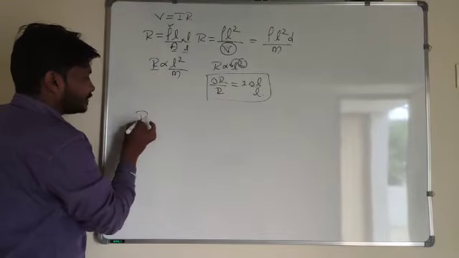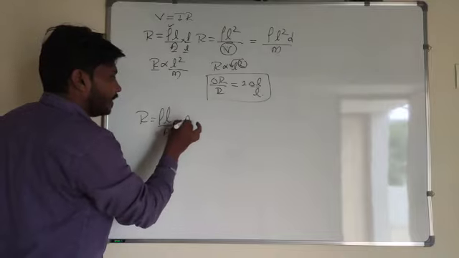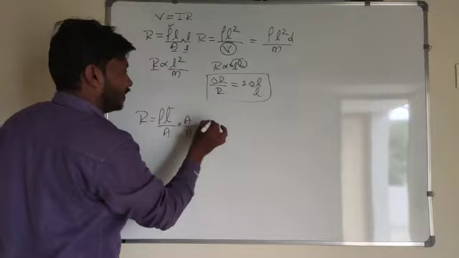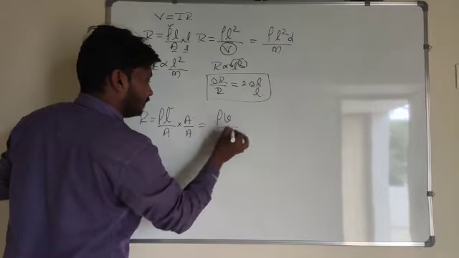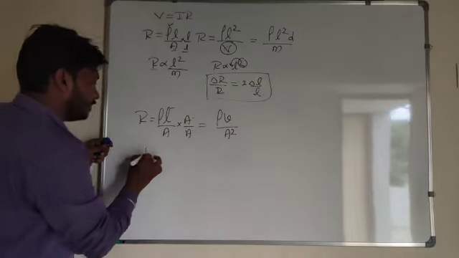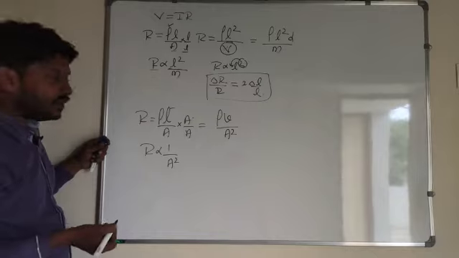I can rewrite this resistance in another form. Rho L by A, multiplied and divided by area, gives rho into V divided by the square of the area. So resistance is inversely proportional to the square of the area.